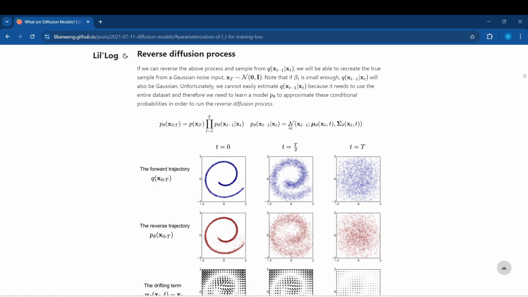Because we consider that beta t is small enough, the actual reverse transition will also be a Gaussian. And because we are approximating it, we can take p theta to have the same functional form as this.